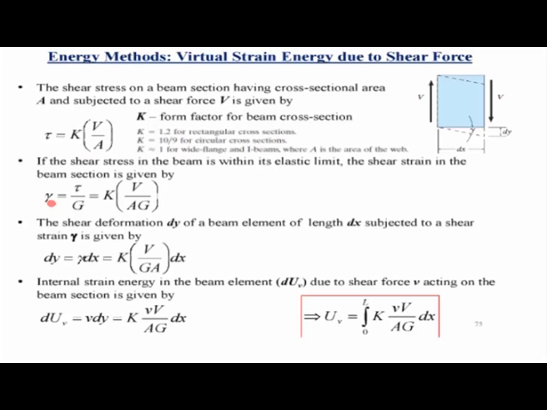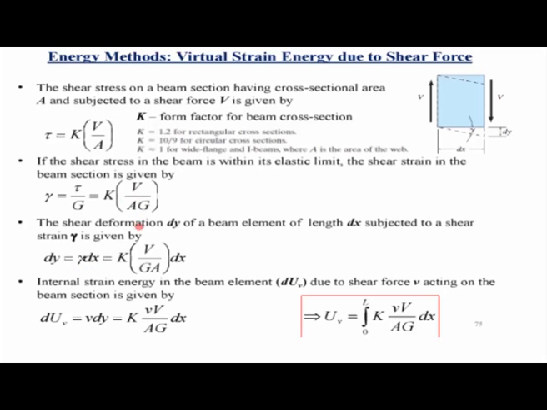So that is the shear stress. Now the shear strain of the beam is given by tau over G, where G is the shear modulus. If you replace tau by KV over A, the shear strain is given by KV over AG. Now the shear strain is given by the shear deformation delta y over the length of that small element dx. So dy is the vertical deflection due to the shear deformation of the beam element of length dx subjected to a shear strain gamma, given by dy equals gamma dx.